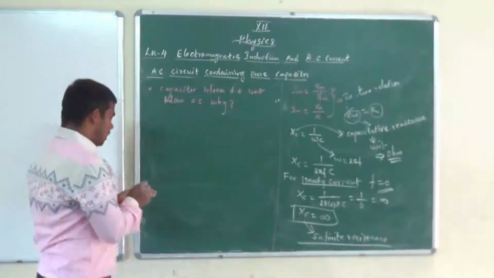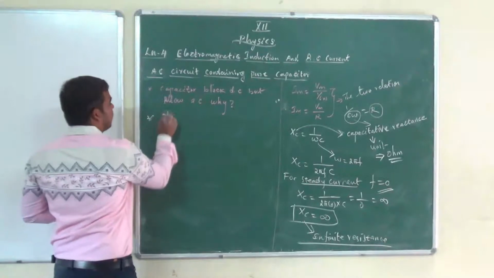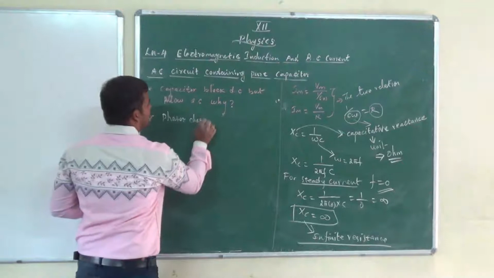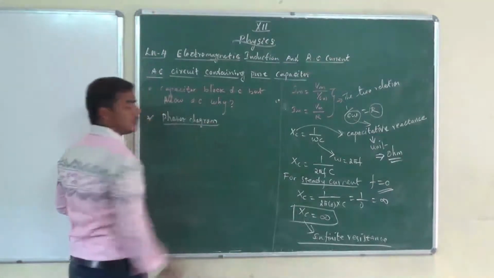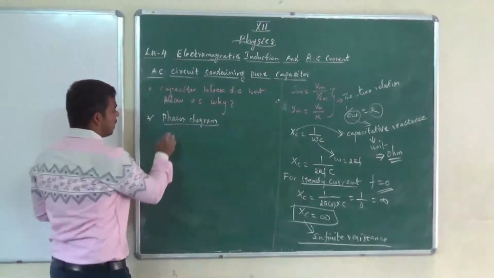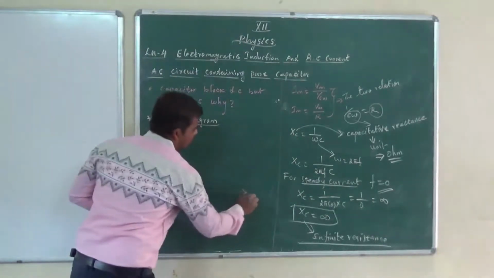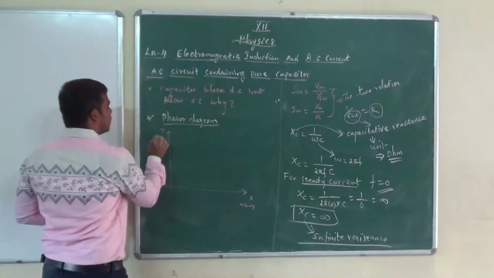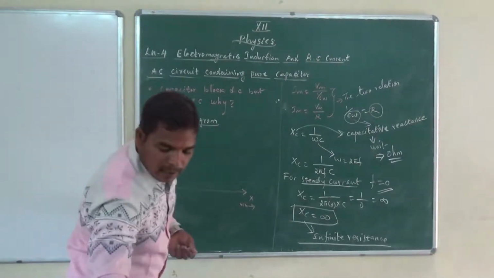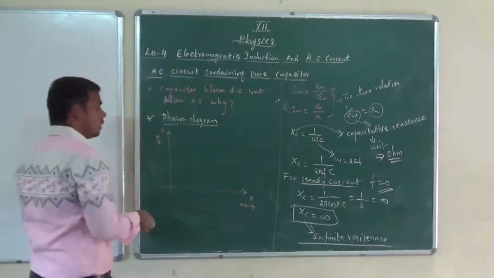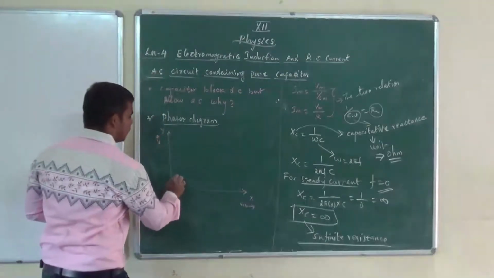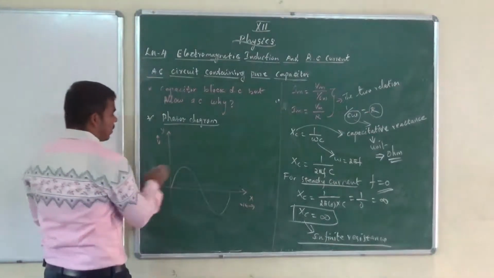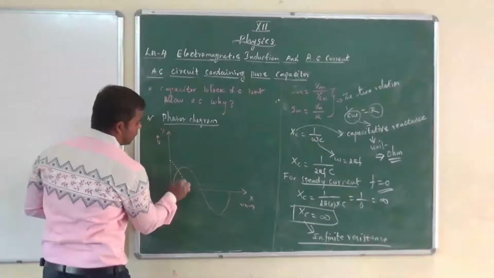Okay. Next we can draw the phasor diagram. First the x and y axes: x axis omega t, y axis voltage. If I draw the diagram, voltage first. This is the voltage, then the dotted line represents current.